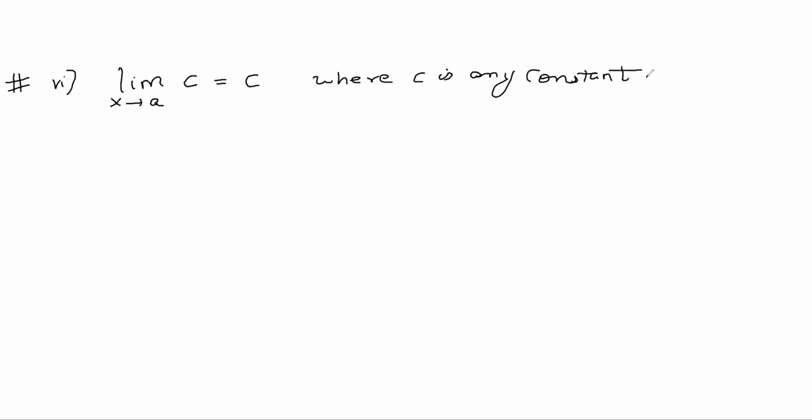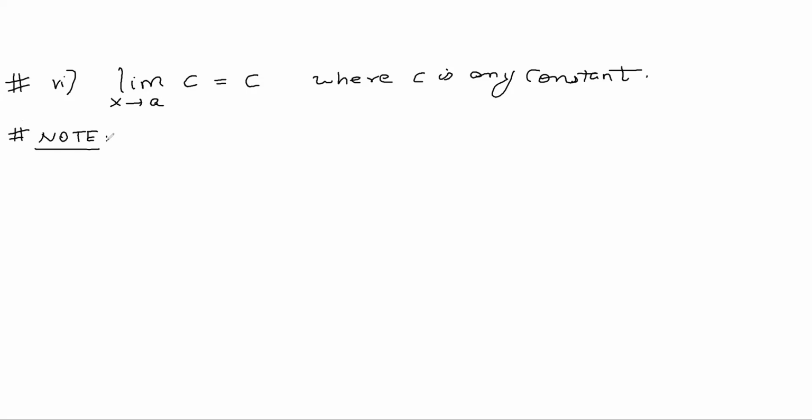So limit of a constant is the constant itself. I hope that is clear. Okay. Also, I can write a corollary or a note. Any doubt to any student? Sir, c can be 0 also? Yeah, it can be 0 also.